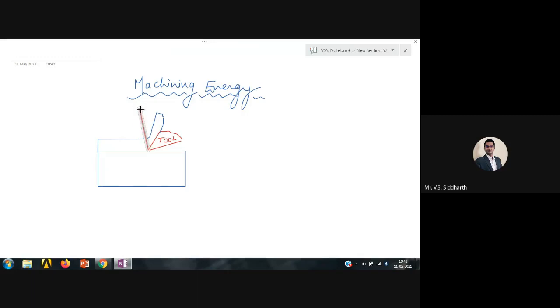This is the shear plane. This is the rake angle.